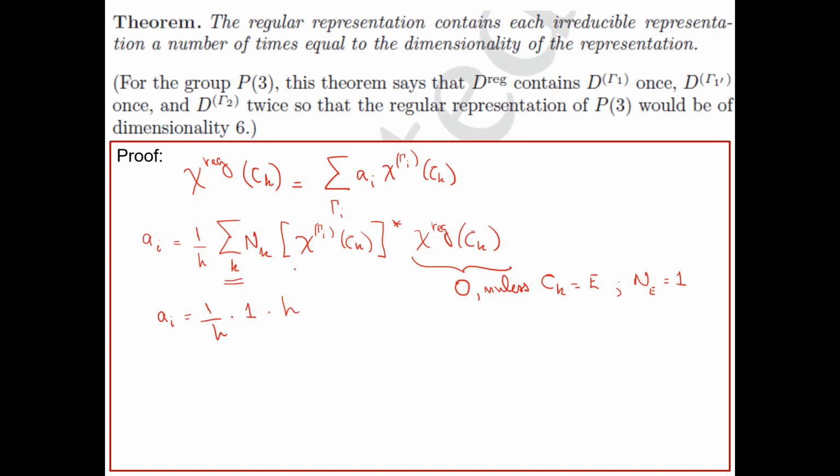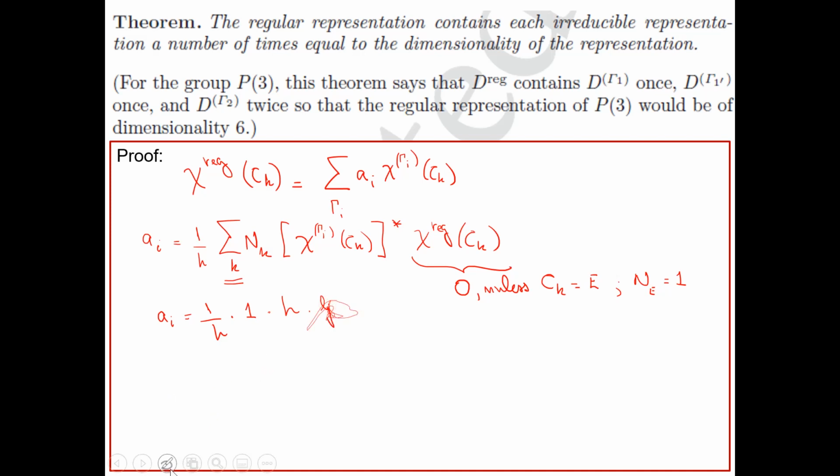And this is the trace of the identity representation associated to the irreducible representation gamma I. This is the trace of the identity class, the identity element, associated to the irreducible representation gamma I. So this is simply Li, the dimensionality.